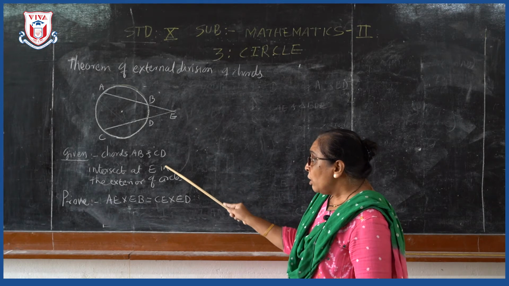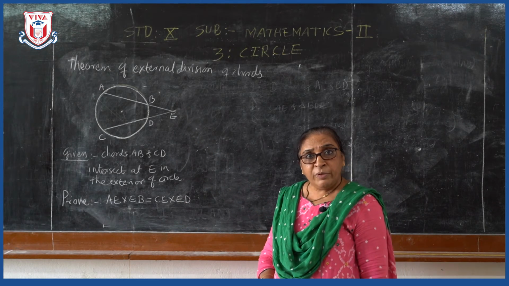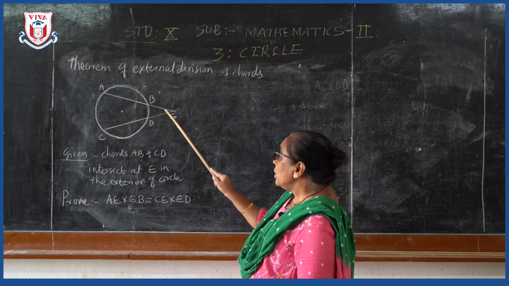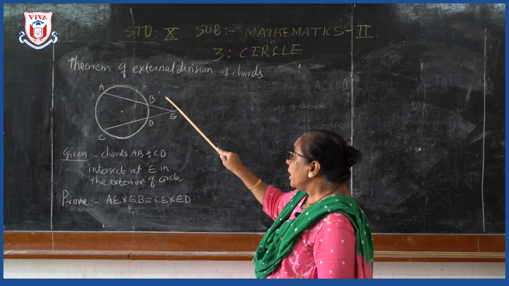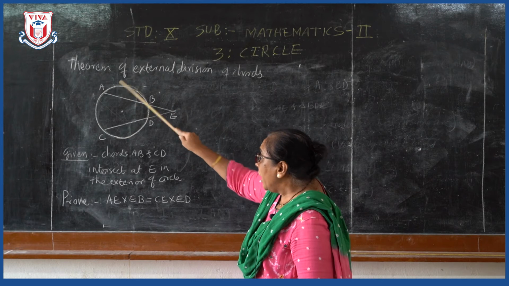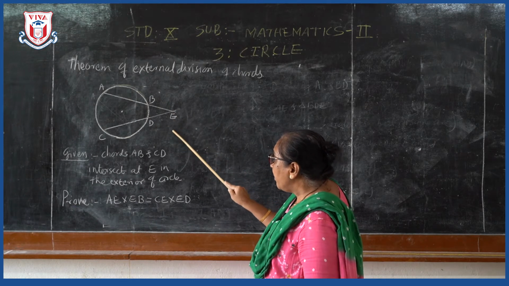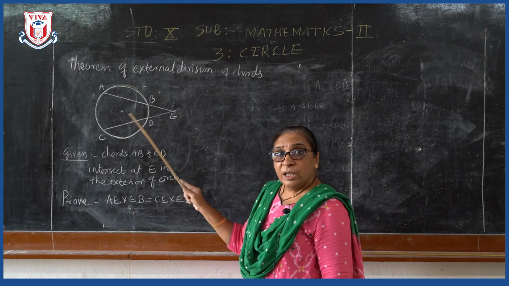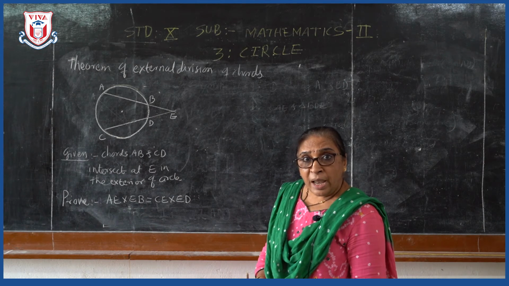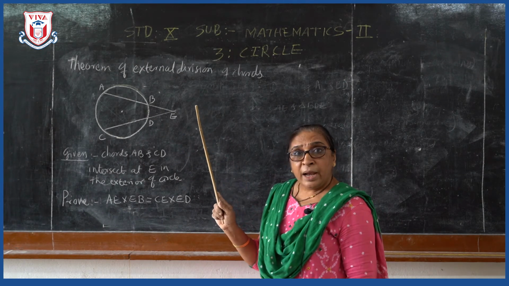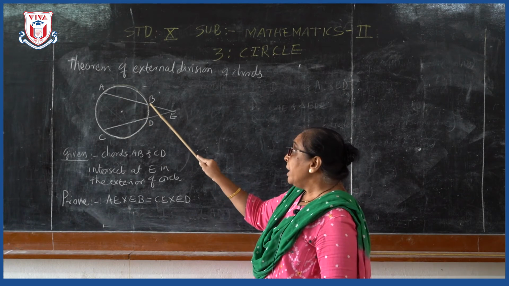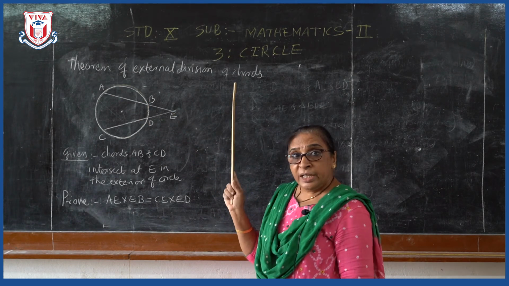In this also we can prove the same statement, starting from the point of intersection. EB multiplied by EA is equal to ED multiplied by EC. Remember that here many students make the silly mistake of considering AB multiplied by BE. That is wrong.